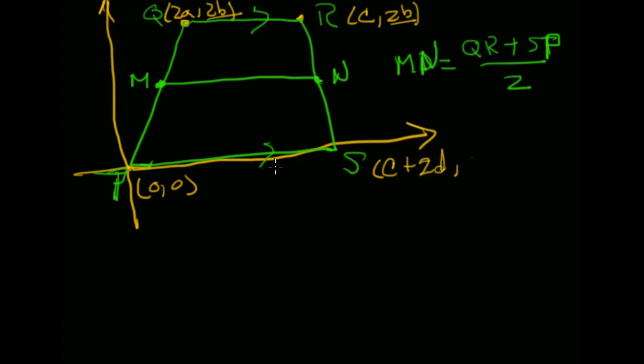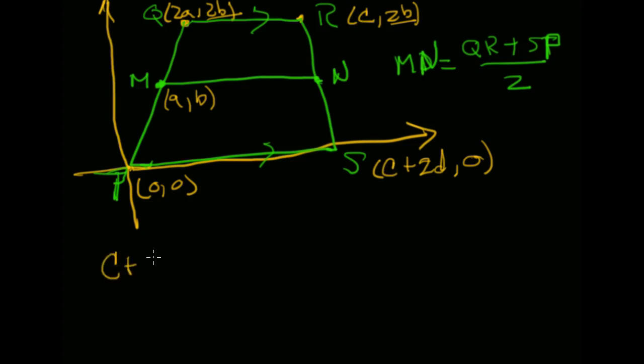And then the height of this one is 0. Okay, so where does that put M? Well, M has to be halfway between these two, so halfway between 0 and 2A is A, halfway between 0 and 2B is B.